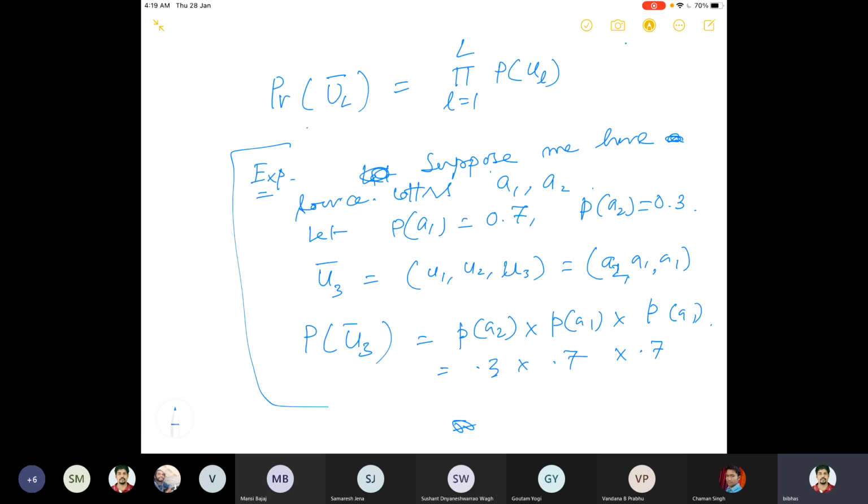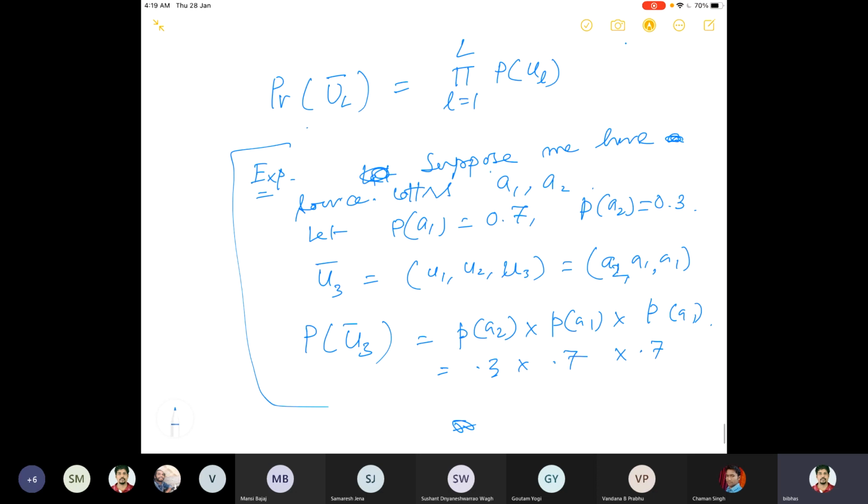decode it. And here we want to show that if L is very, very large, this capital N could be approximately equal to, actually we'll prove what the value is, approximately equal to the entropy, and the probability of error will be very, very small.